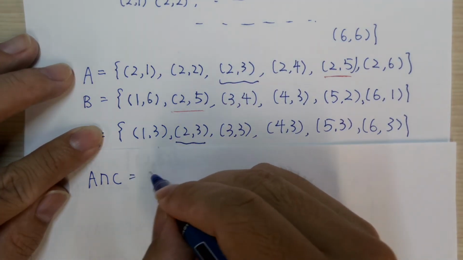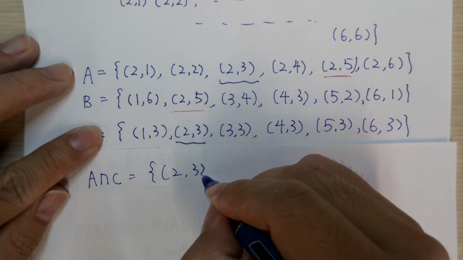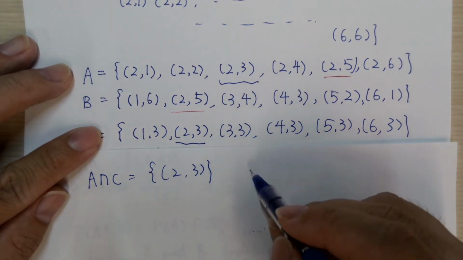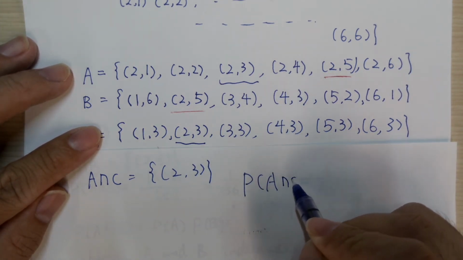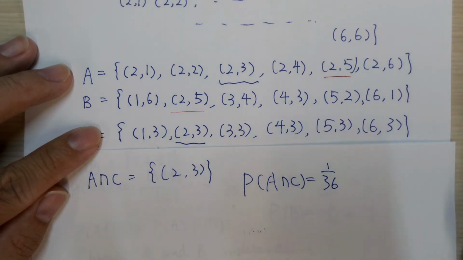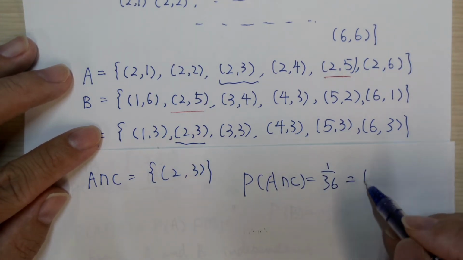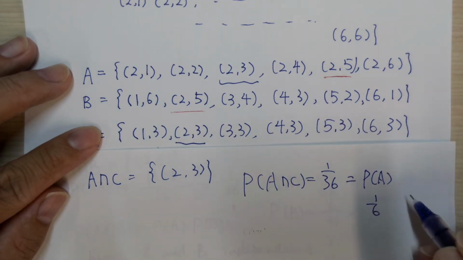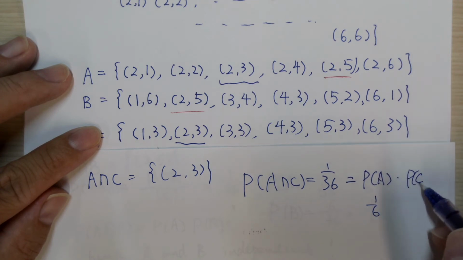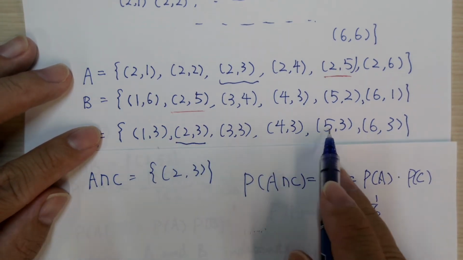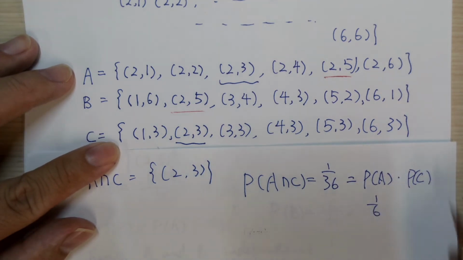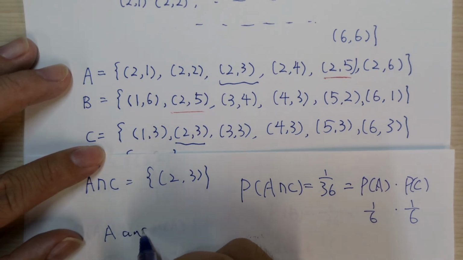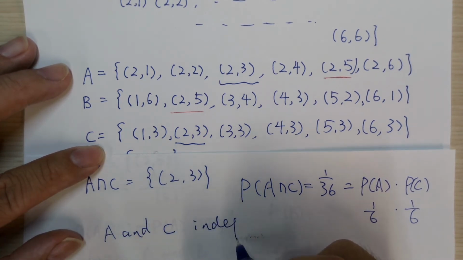That's the only part. We can use a similar idea. You can easily derive that the probability of A intersect C is 1 over 36. The probability of A is 6 over 36, which is 1 over 6. The probability of C is also 6 over 36, so it's also 1 over 6. So this is still true, meaning A and C are also independent.